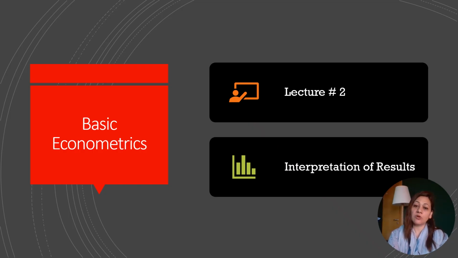Today I'll discuss the p-value of the regression coefficients, so how you can say, according to the p-value, whether your regression coefficient is statistically significant or not, and then the p-value of the F-test, and also the R square. These three things I'll discuss today with the help of the Gretl software.